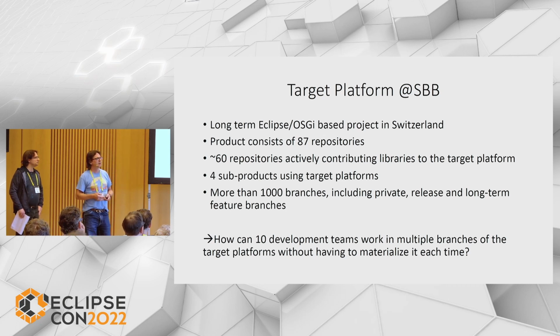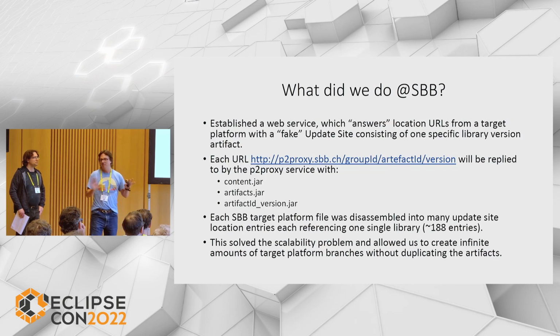And then we came up with, I say it's a hack. It's just to illustrate a problem and a possible solution for it. So we came up with a web service. It's called P2 proxy because it proxied the artifactory for P2. So it was a man-in-the-middle kind of thing.